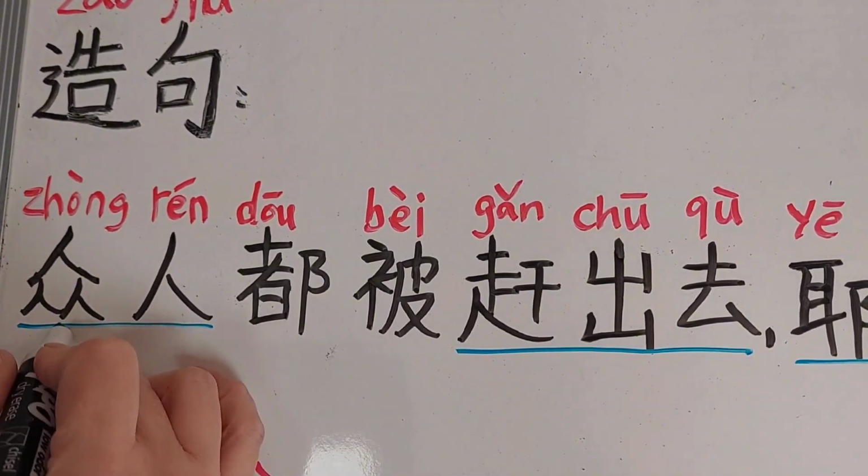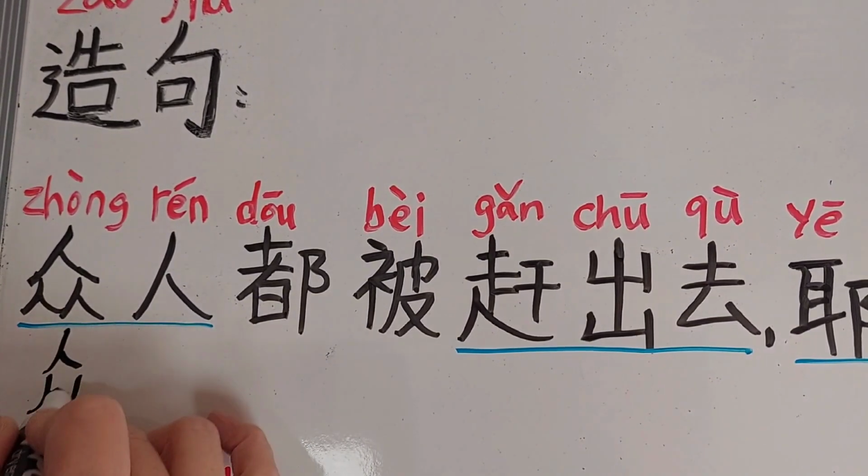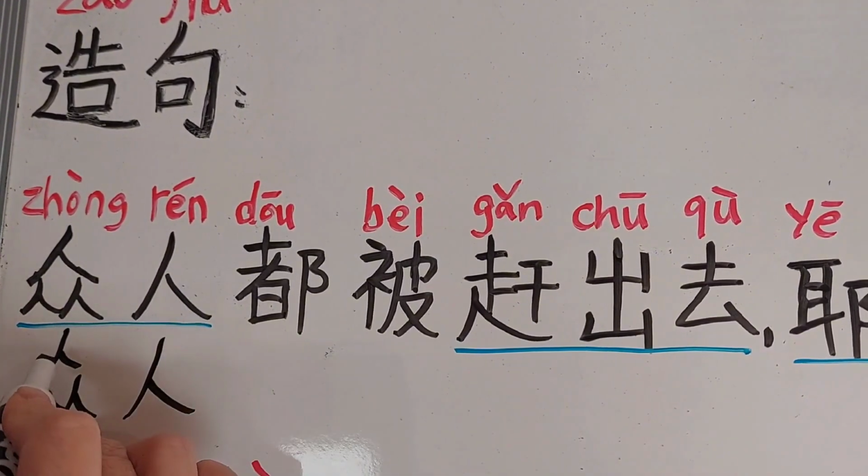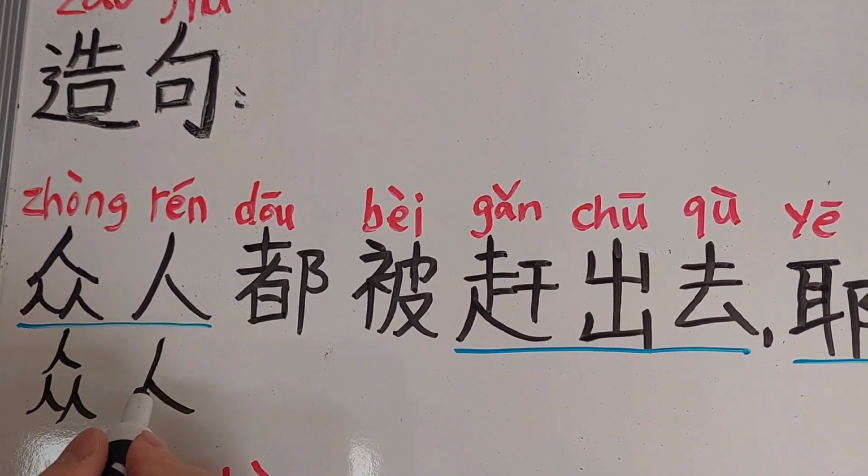众人. Yes, see, this is 3人. 人 we know is person, right, or people.